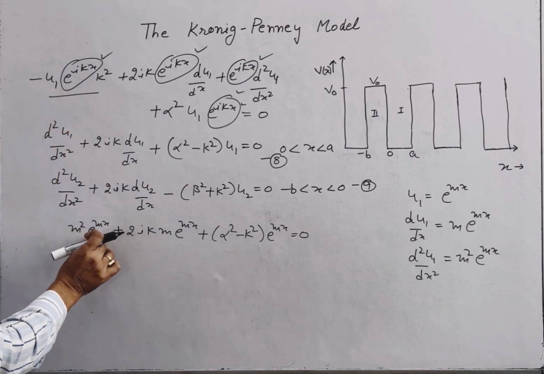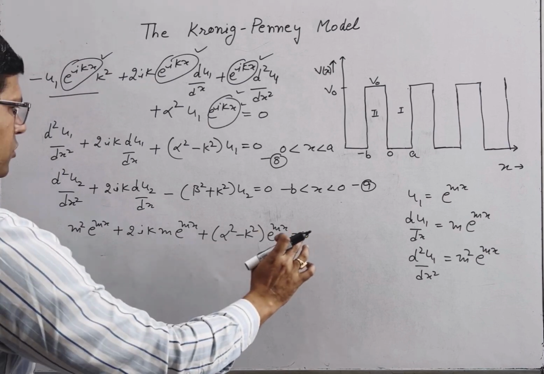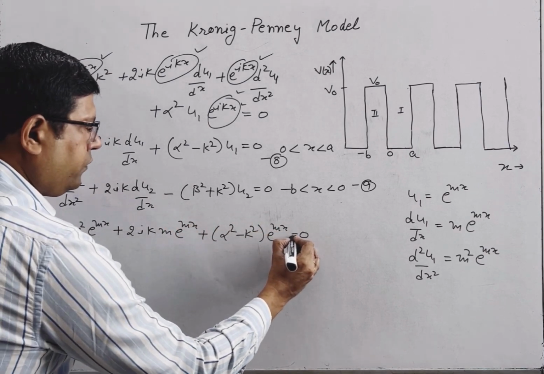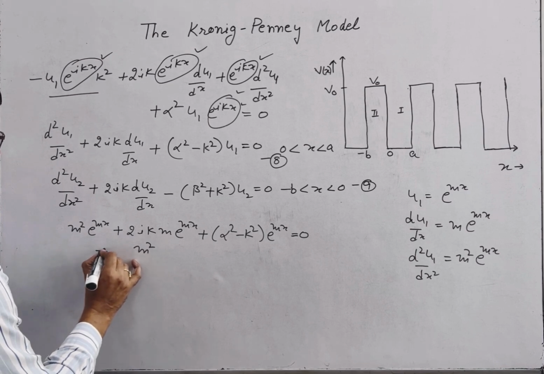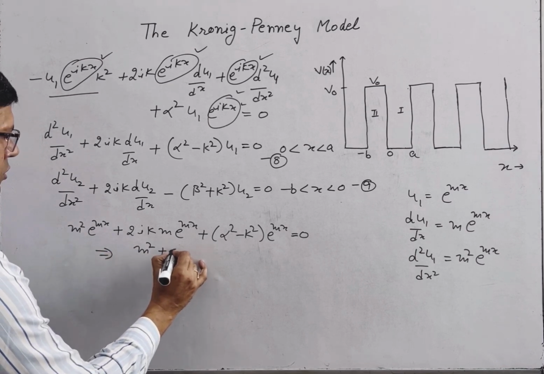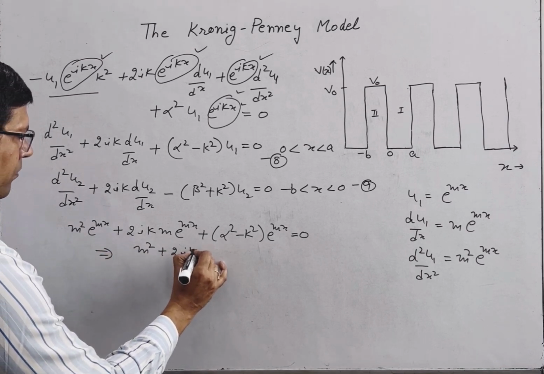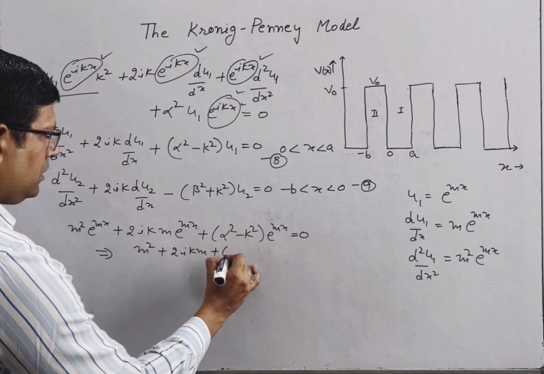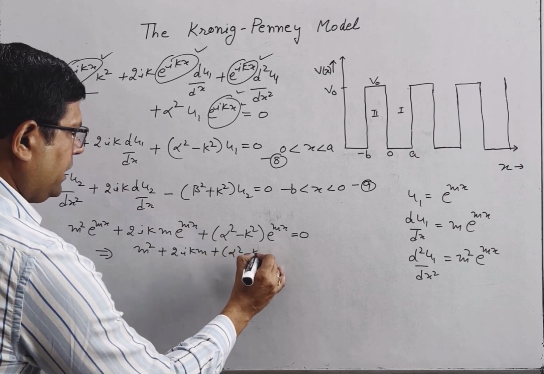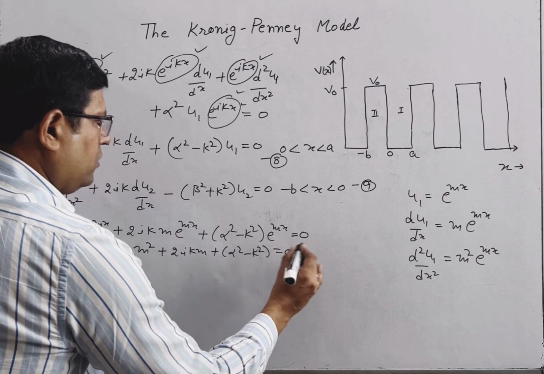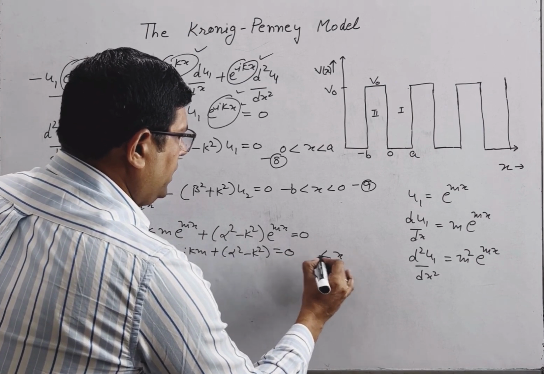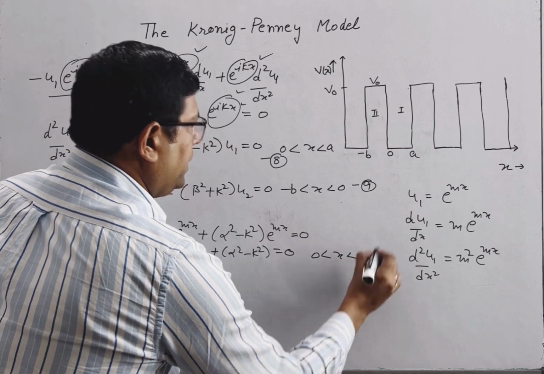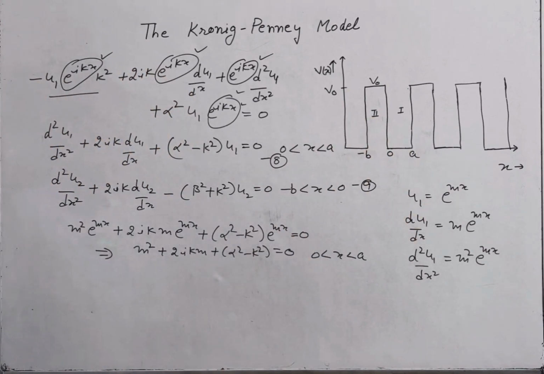Now again the e raised to power mx term is common, so it will go off and we get m square plus 2 iota km plus alpha square minus k square equal to 0. This is for the region where x lies between 0 to a, the first region.